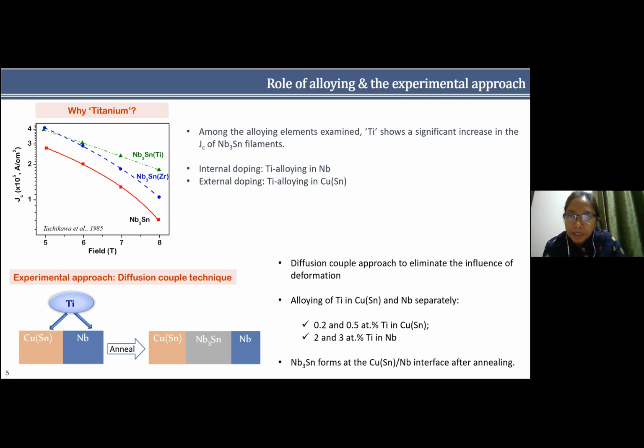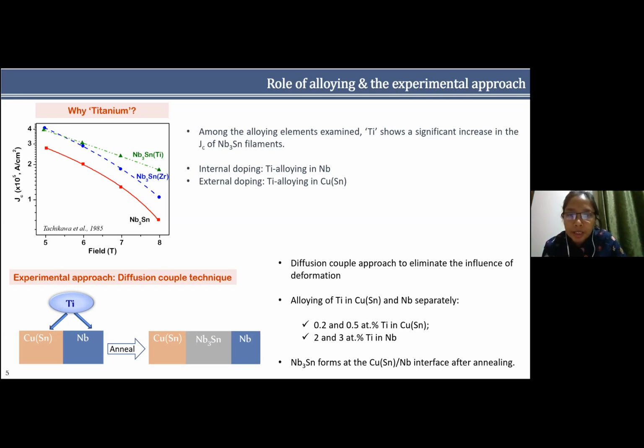For making the wires, they are subjected to a certain degree of deformation, and during deformation you tend to introduce many mechanical strains. With the introduction of strains, this can to a certain extent influence the growth kinetics of Nb3Sn. So to eliminate the influence of deformation processes, we have implemented a different approach to understand the role of titanium.